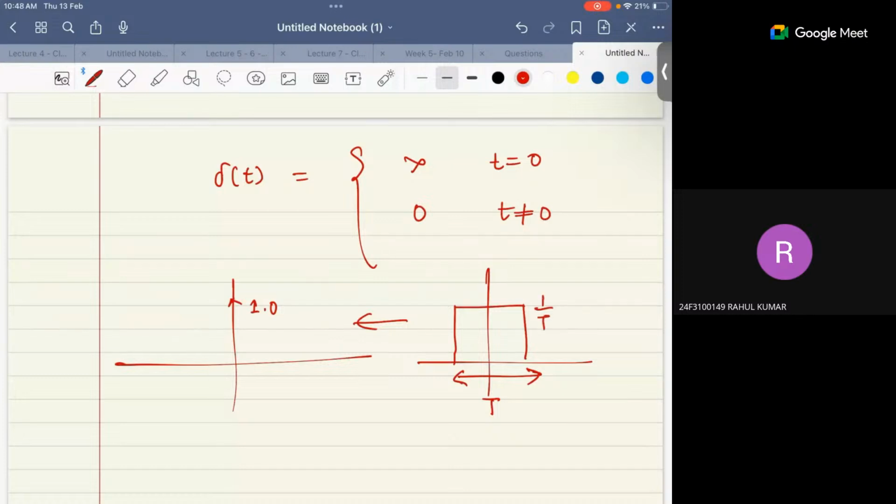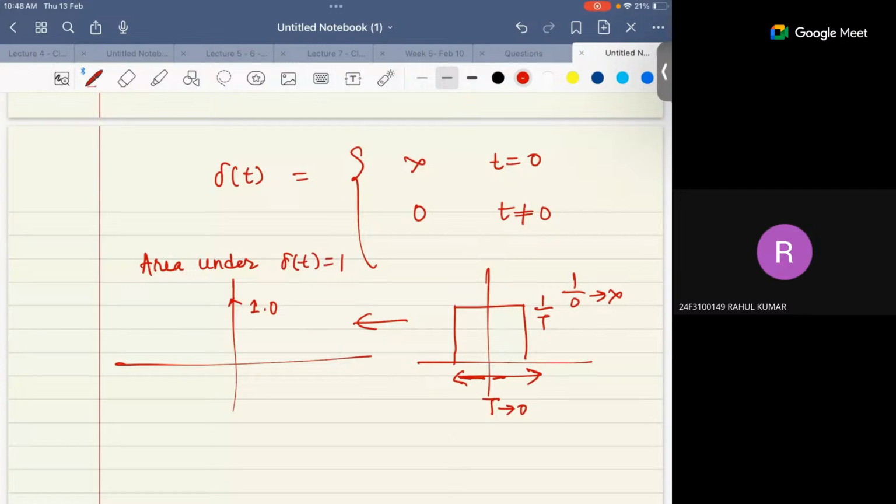When you start decreasing the width, so when t tends towards 0, the height will be 1 upon 0, it will tend toward infinity. So the area under a delta function is equal to 1.